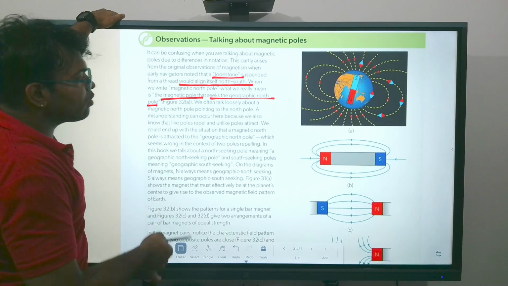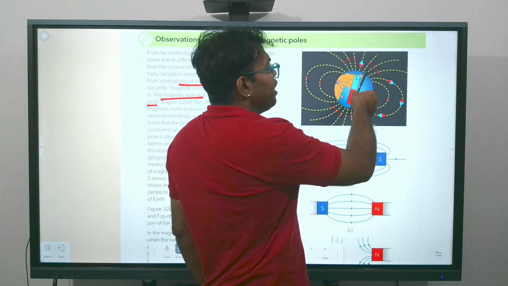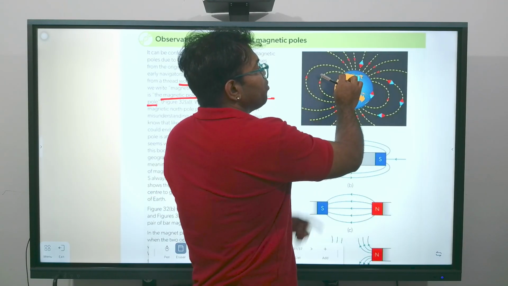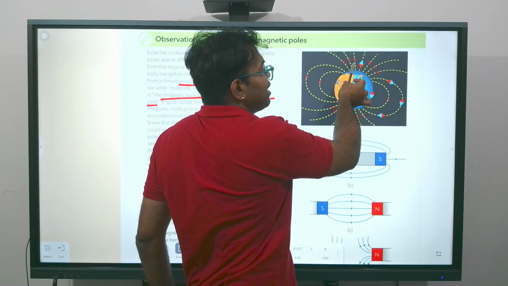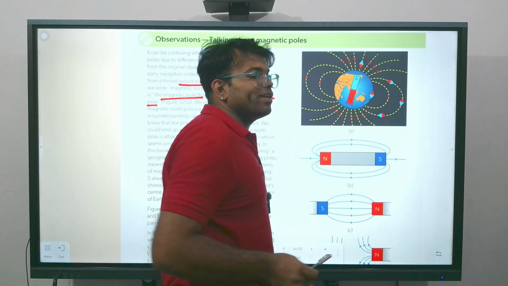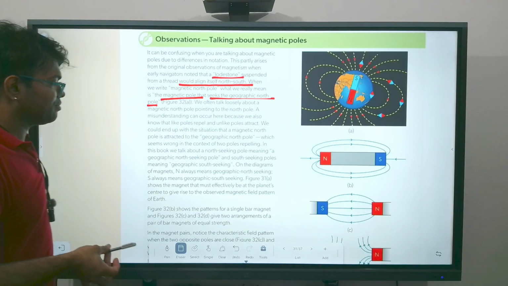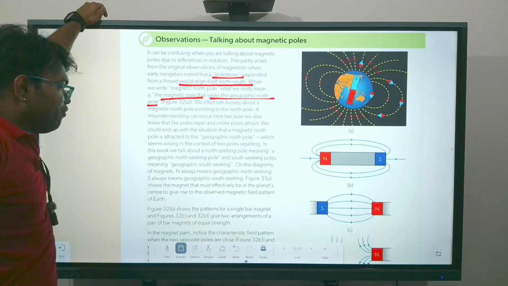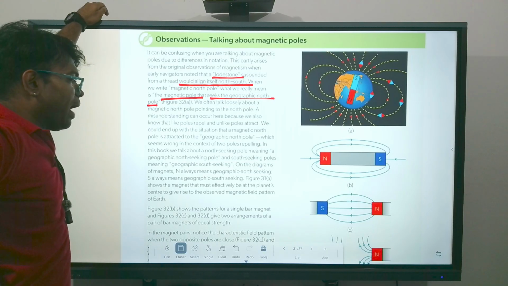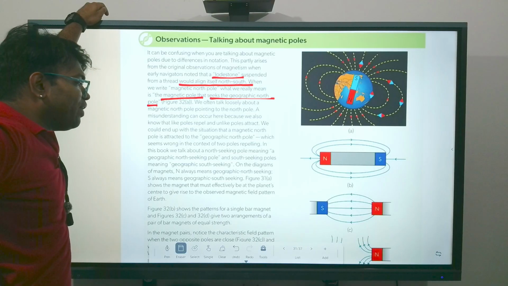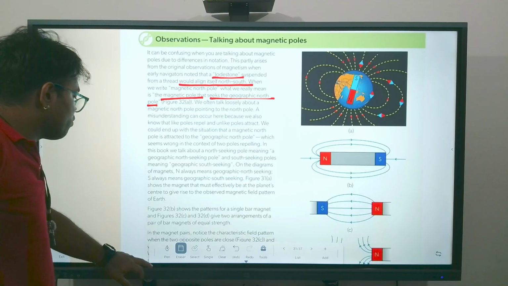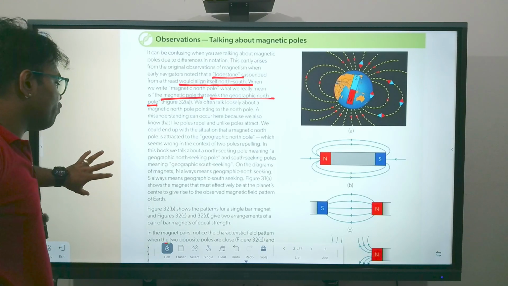So that is the reason why, if you have a magnet like this, with this the North Pole, the magnet would align itself with the geographical North Pole. Understood?